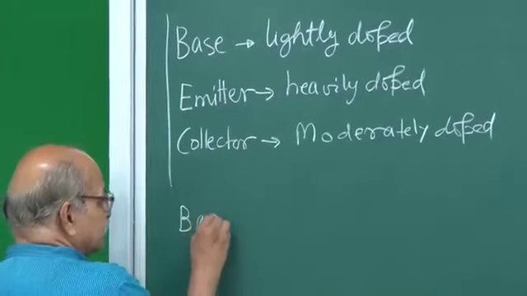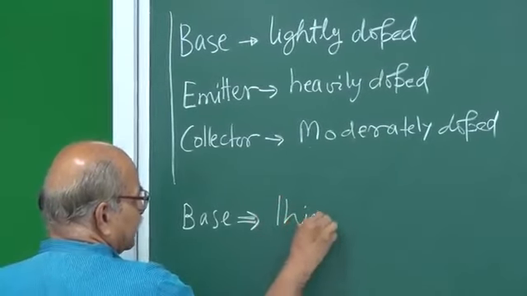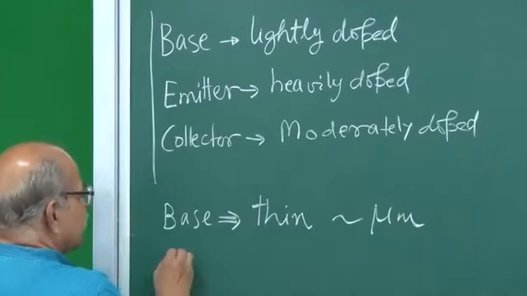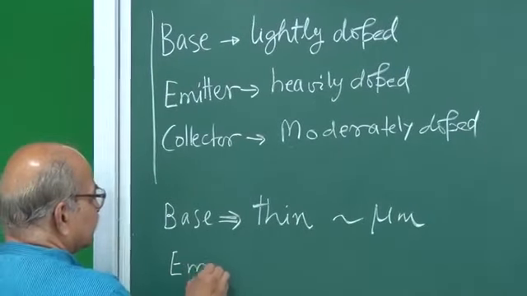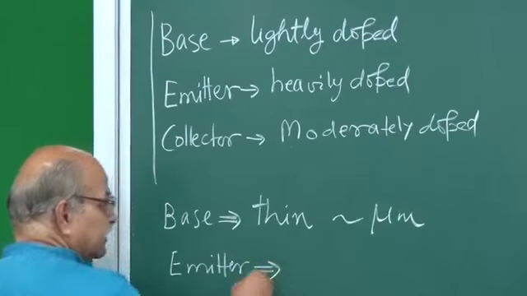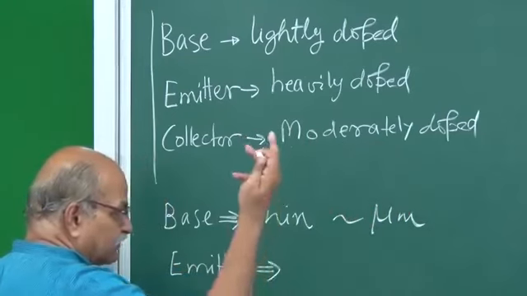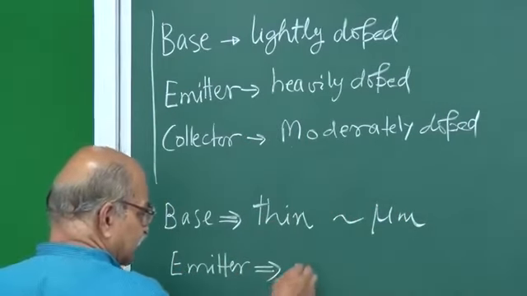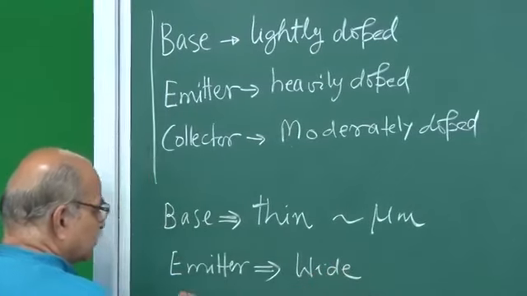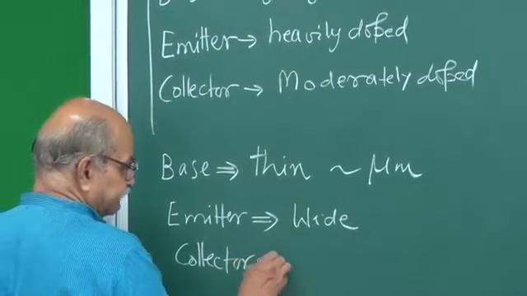Your base is very thin, of the order of a micrometer, whereas emitter and collector are relatively much larger, maybe 100 times, or 500 times, or 200 times this. The collector is also somewhat wider than the emitter.